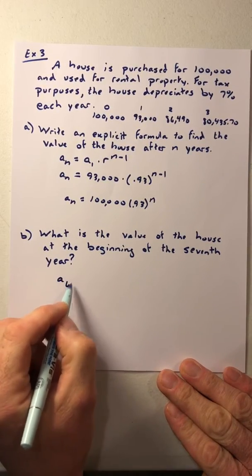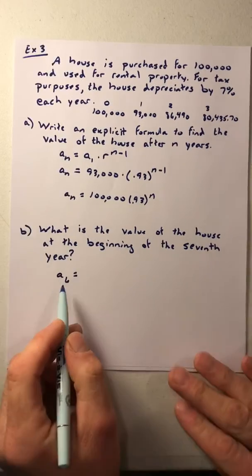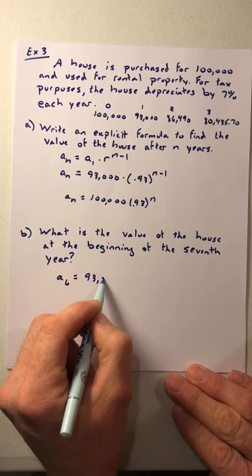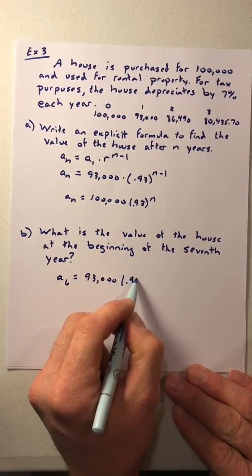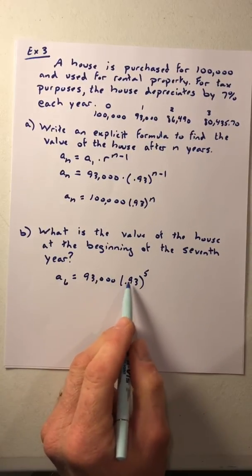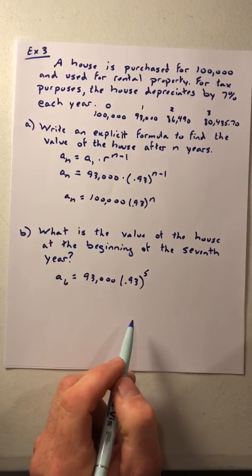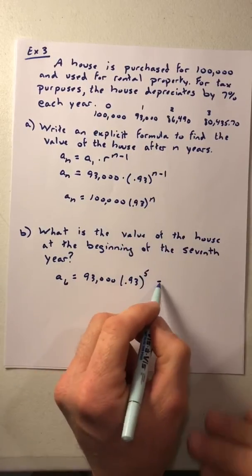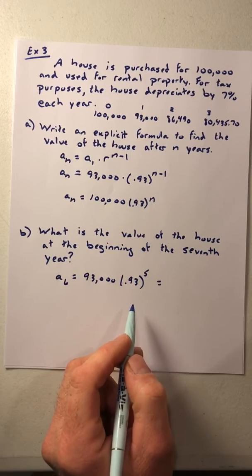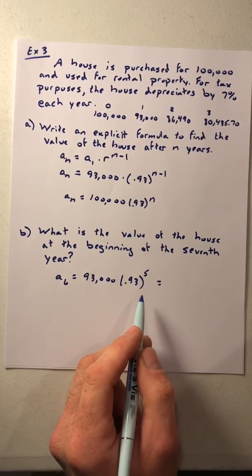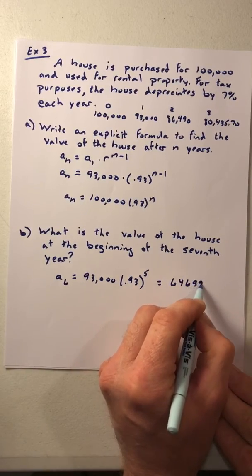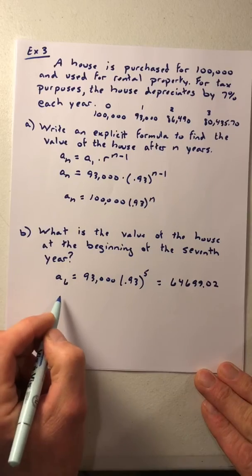So how do we find the 7th year? We're actually going to find a sub 6, which is going to be the end of the 6th year. So here I can use either equation from up there, and we'll use both of them just to show you that it's going to work. So we have 93,000 times 93% to the 5th power, or n minus 1. And that's going to give us, as we put it into the calculator, 93,000 times 0.93 to the 5th, a value of $64,699.02.